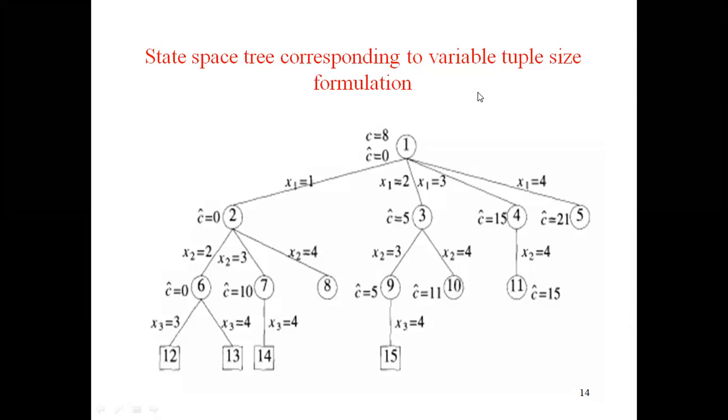From 1 to 2, there is an edge labeled x1 equal to 1. That indicates job 1 is included in node 2.